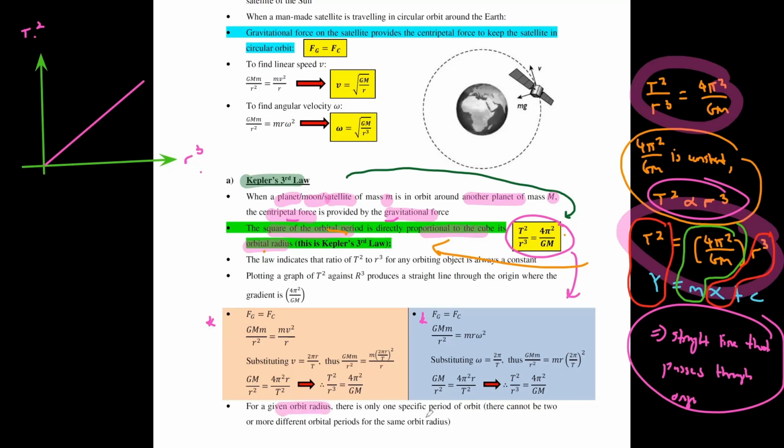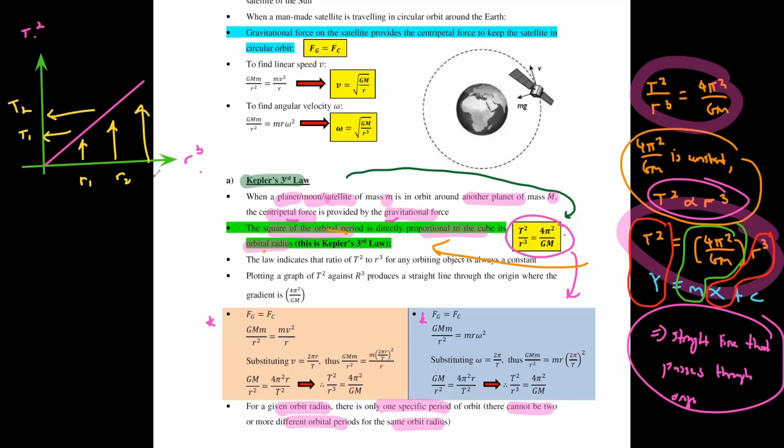For any given orbit radius, there will only be one specific period of orbit. There cannot be two or more different orbit periods for the same orbital radius. What it means is something like this. If you have R1, you're supposed to have T1. If you have R2, you're supposed to have T2 only.